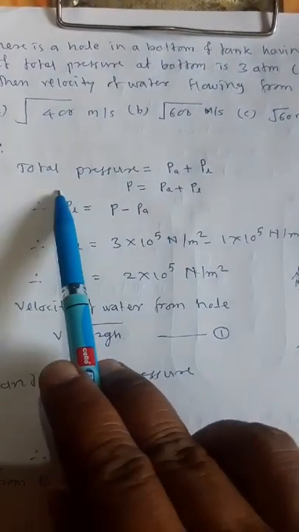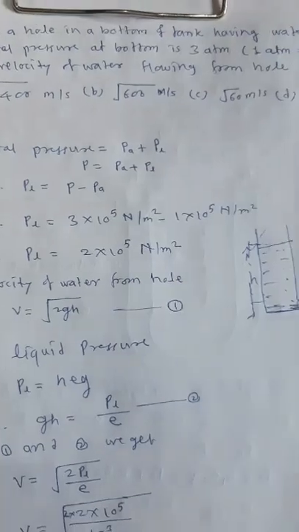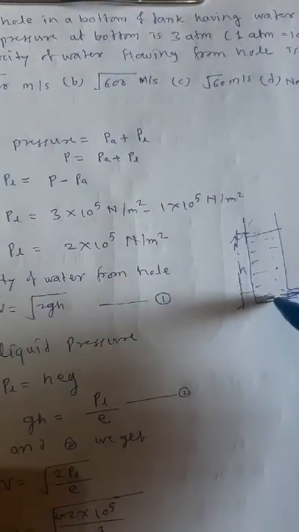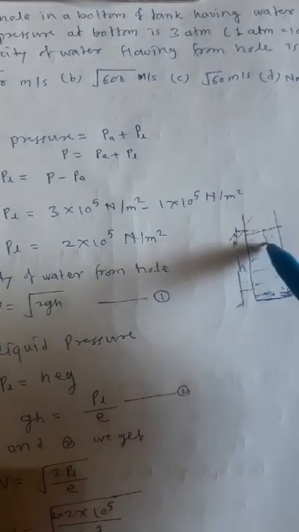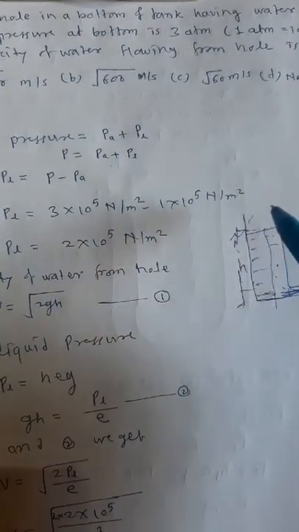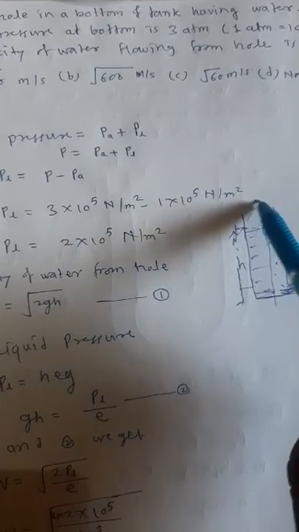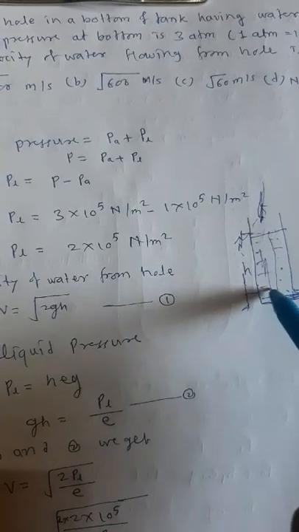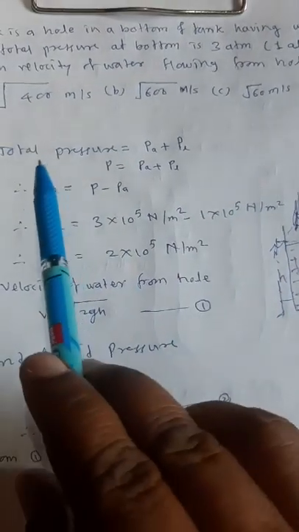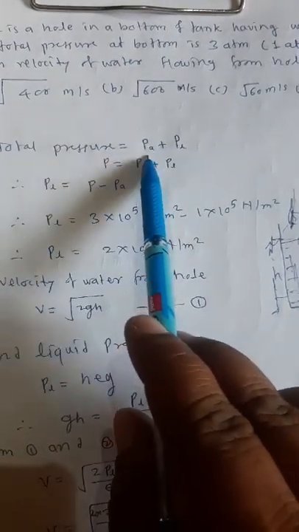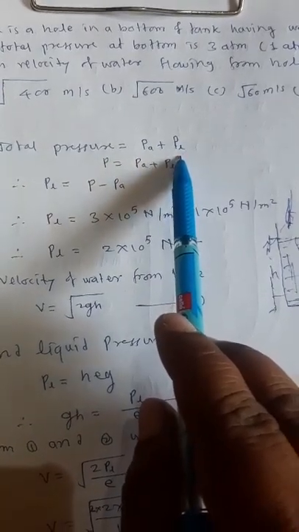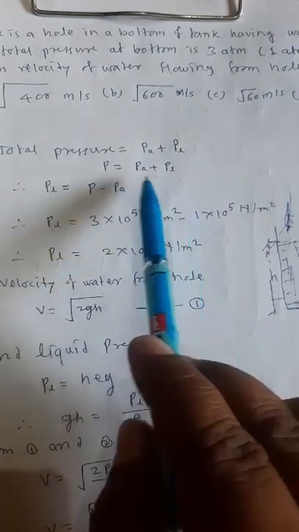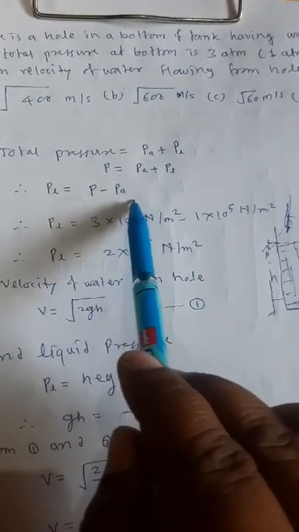We know that the total pressure exerted at the bottom of the tank is equal to pressure exerted by water plus pressure exerted by air. उसके ऊपर एयर है, ये भी प्रेशर एक्सर्ट कर रहा है और लिक्विड भी प्रेशर एक्सर्ट कर रहा है. Therefore, total pressure on the bottom can be written as atmospheric pressure plus liquid pressure. Therefore, total pressure P is equal to PA plus PL. Therefore, PL is equal to P minus PA.